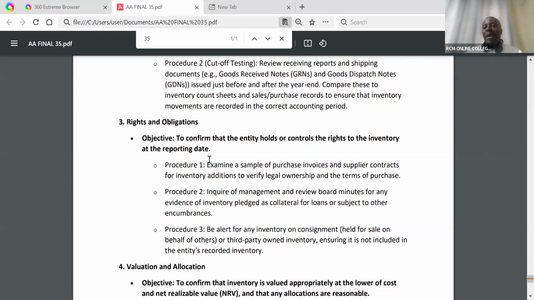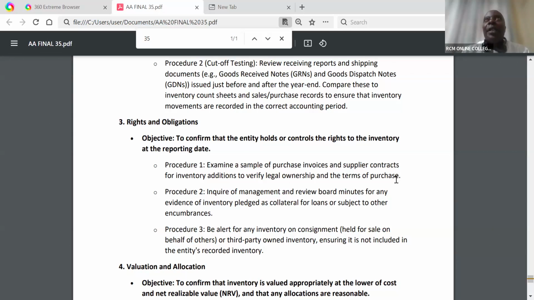Procedure number 1, examine a sample of purchase invoices and supplier contracts for inventory additions to verify legal ownership and the terms of purchase. I told you, most of the inventory items are small items. You can't have ownership documents directly, like how we have logbooks for motor vehicles. So for these small inventory items, what I would want to see are the purchase contract agreements.